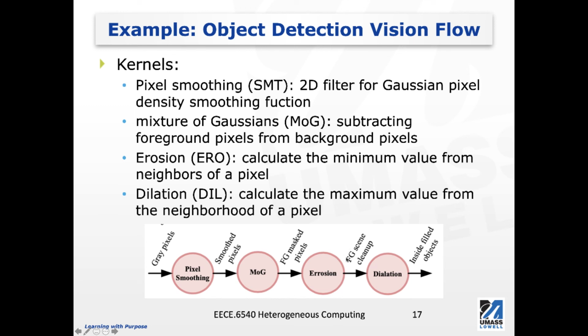After the foreground scene is cleaned up, the dilation stage will calculate the maximum value from the neighborhood to detect the objects.